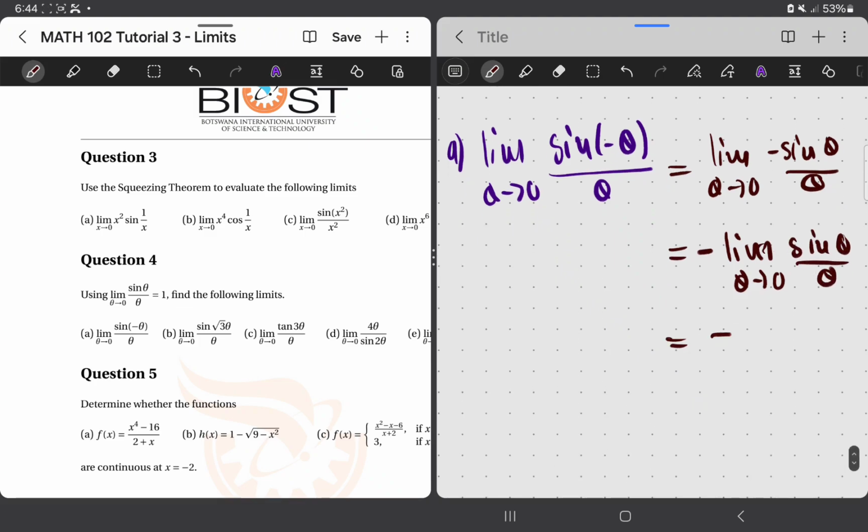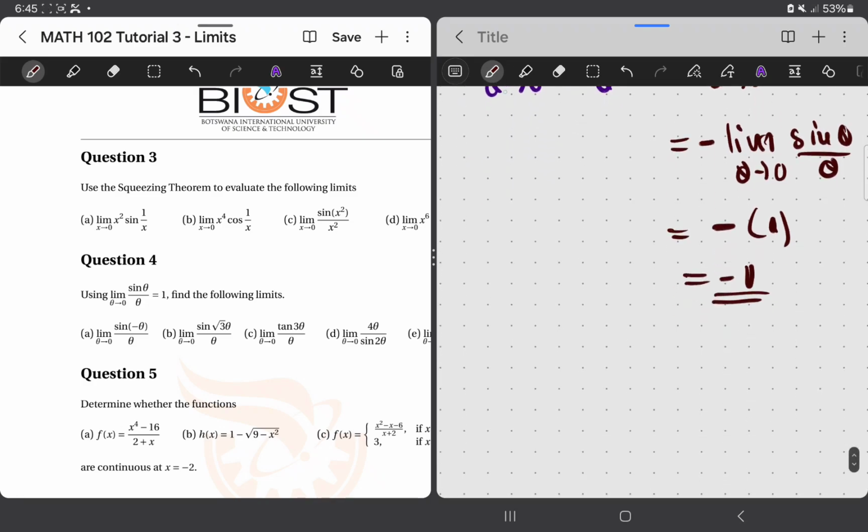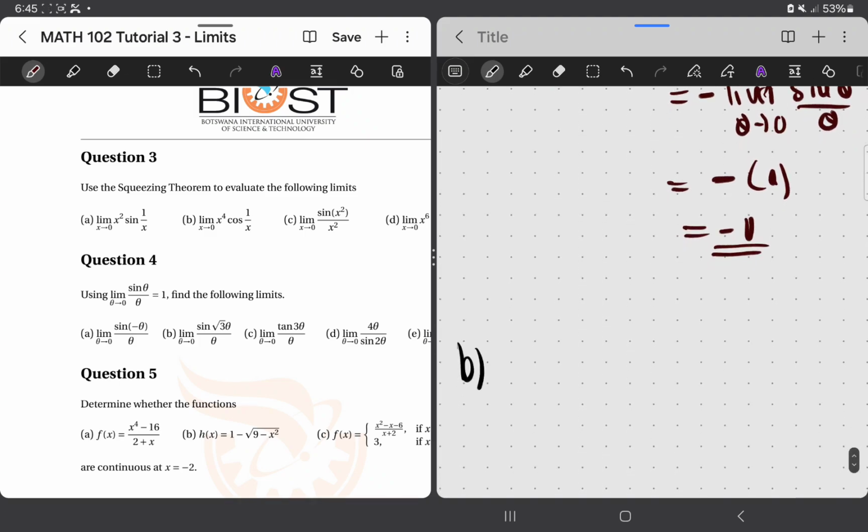The limit of sine theta over theta is 1, so it's the negative of 1, which is minus 1. That's the final solution. Now let's do part B.